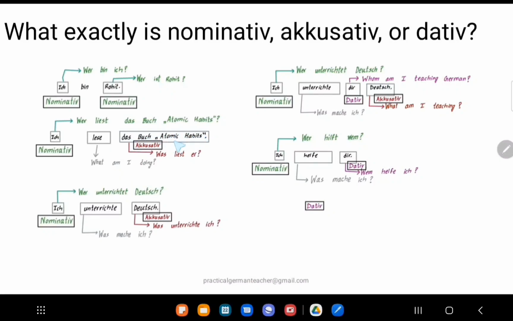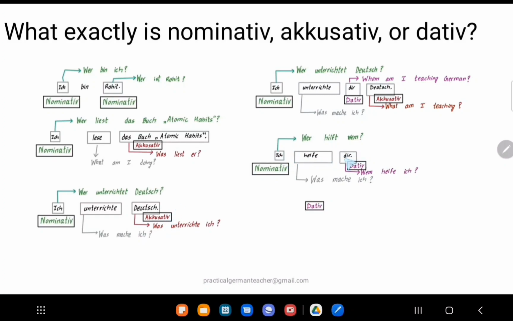Das Buch Atomic Habits can be asked as: was liest Rohit, or was lese ich, or was liest er. So was, that's why accusative. Ich unterrichte Deutsch. Again, ich, nominative, because wer unterrichtet Deutsch. Deutsch: was unterrichte ich? So the action is being done on it, that's why Deutsch is in accusative case.